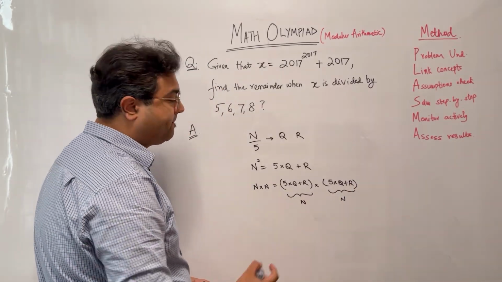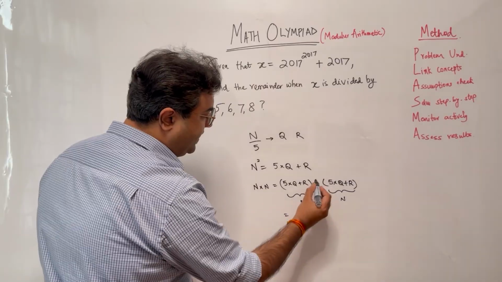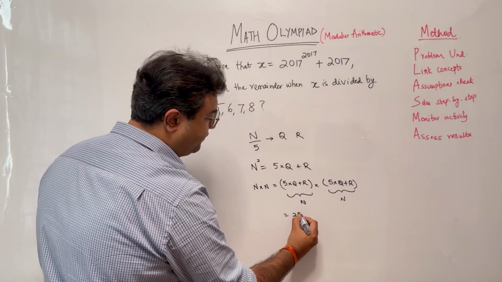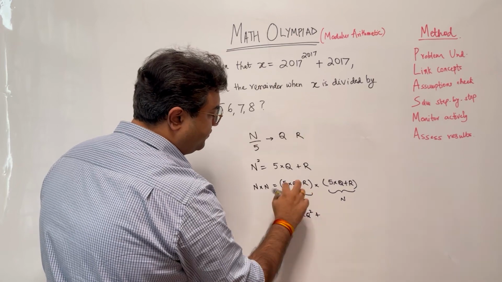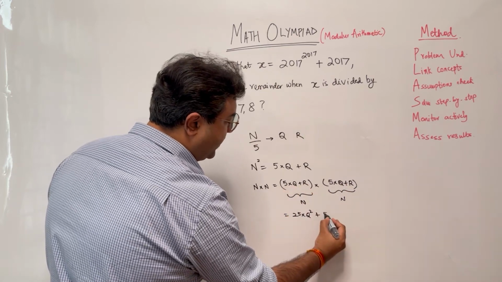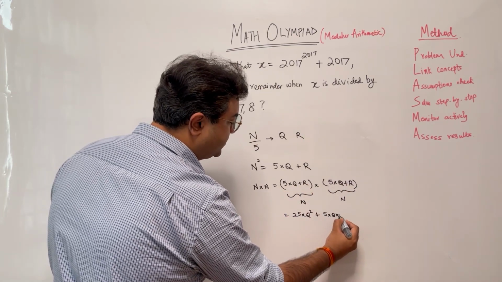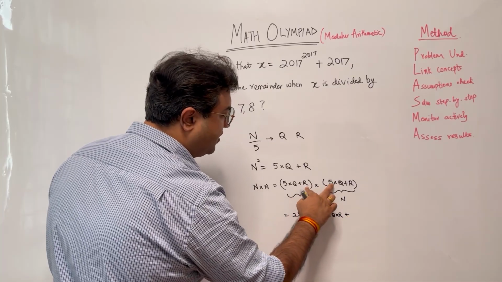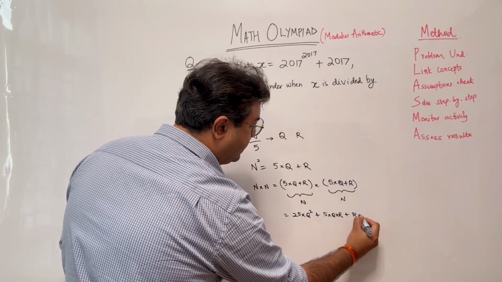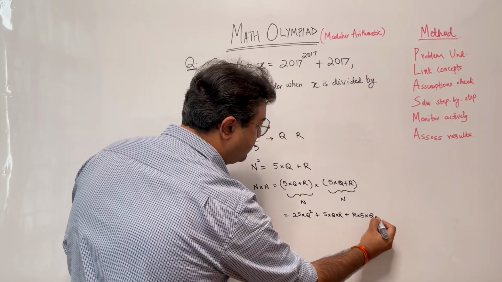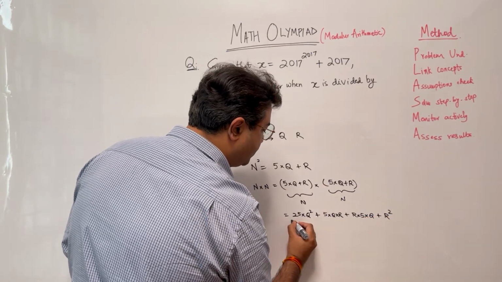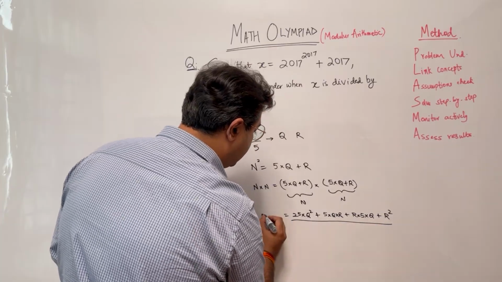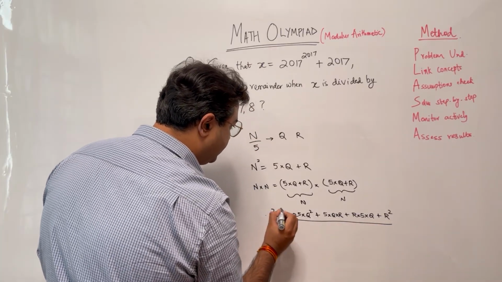When you multiply these, you will get 25 times q square, plus 5 times q times r, plus r times 5 times q, and then plus r times r, which is r square. So this is n square.